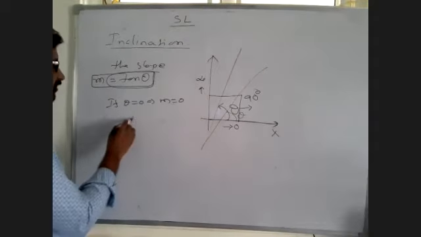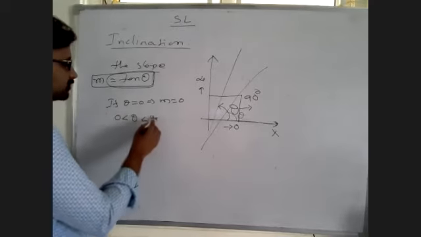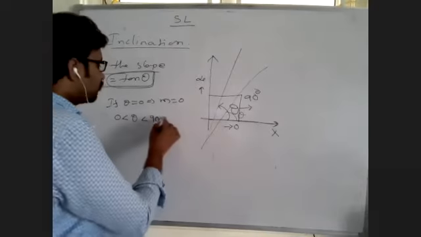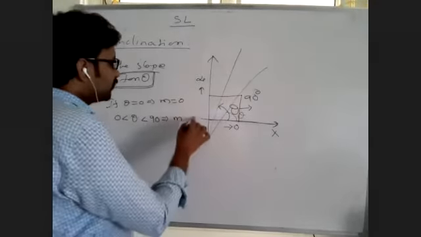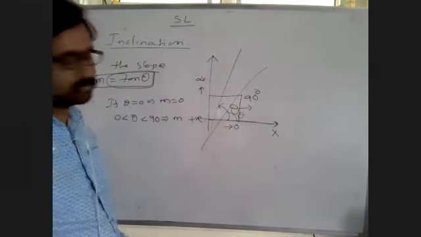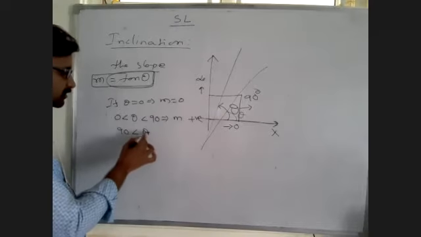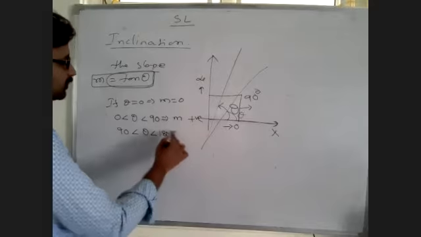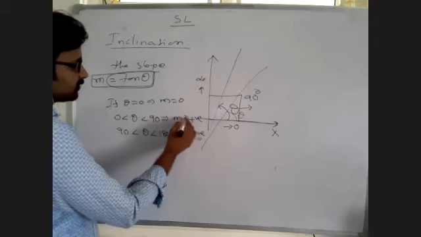If the theta value is between 0 and 90, then the slope m is positive. If theta is between 90 and 180, then the slope is negative, that is, less than 0.